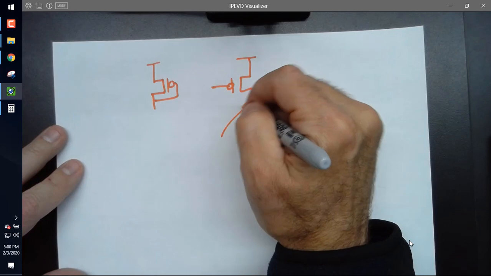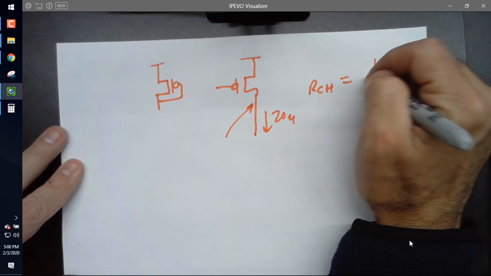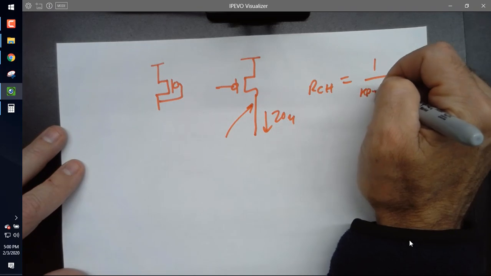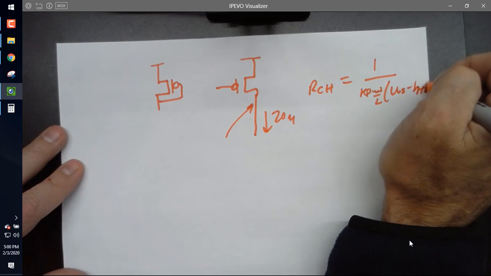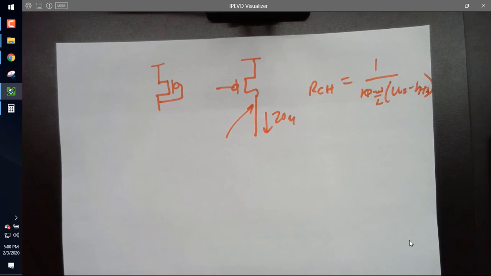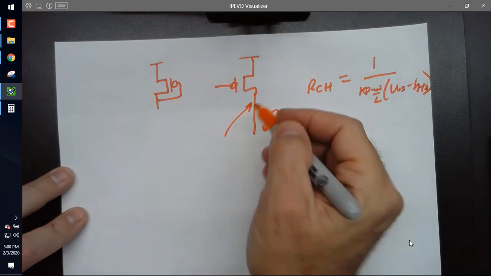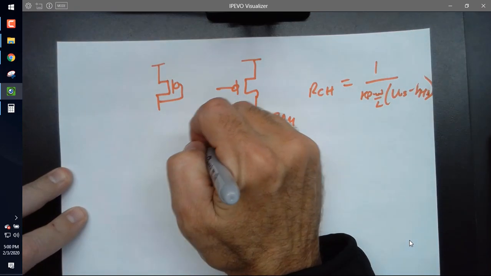We know that AC, and I'm going to use this next time, is 1 over Kp times W over L times VGS minus V threshold N. So you can read that example in the book. So you can come in and go, you know, your guru stuff, and I know what I'm doing. This voltage here, though, is going to be 5 or VDD minus VSD.